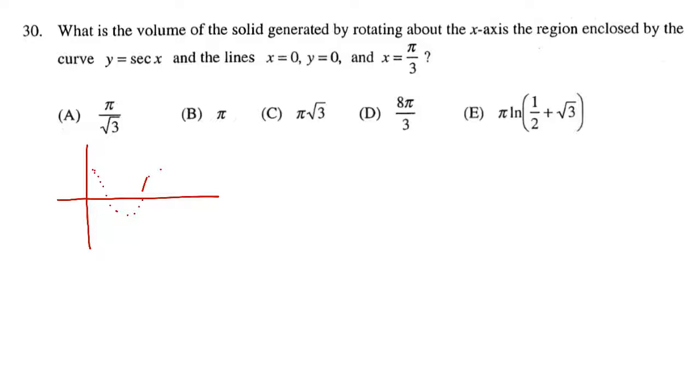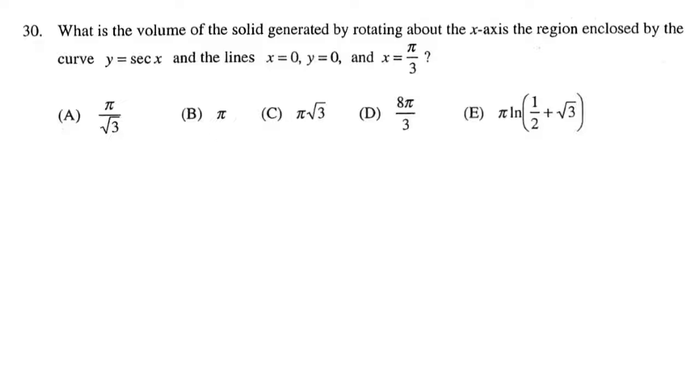So our secant curve is going to look something like that. Let's draw a little bit of a better picture, but there's the idea of it, because being the reciprocal of cosine, it's going to sit on top of those cosine curves. So we have an idea of how it's going to be turning.